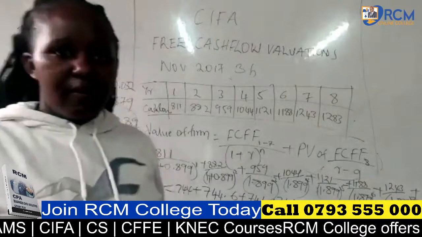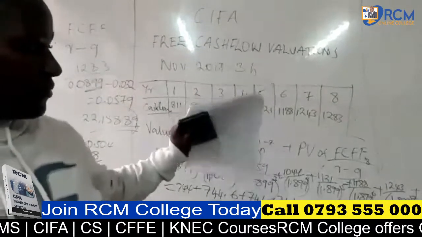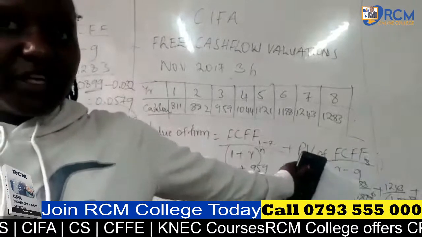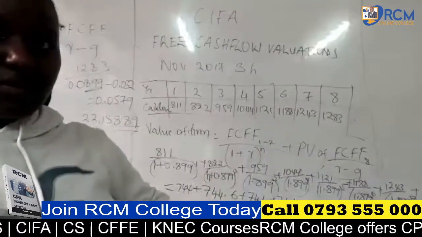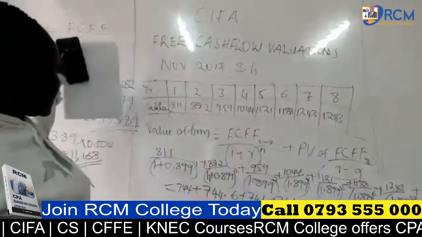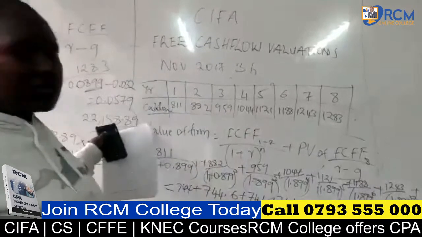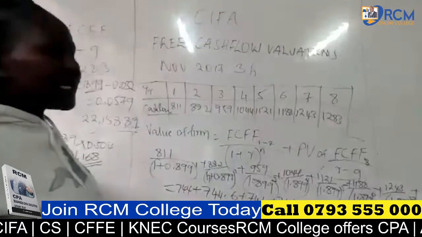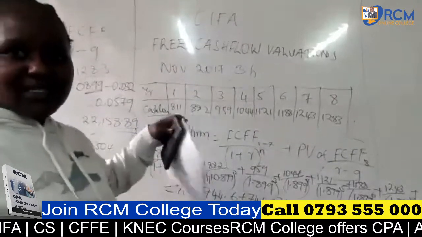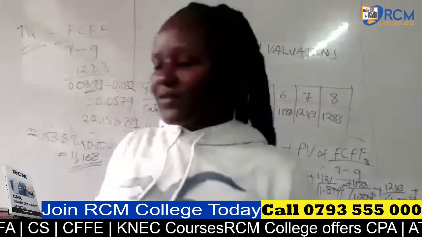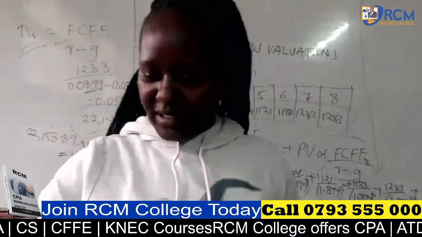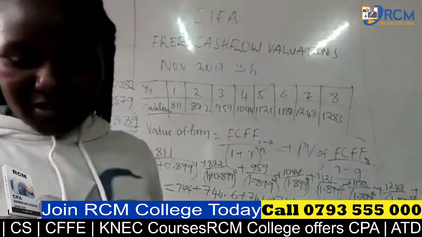So that is 11,168, the present value of the terminal value at year 8 as at now. We got our terminal value at year 8 as 22,158. Then we calculated the terminal value as at today, the present value, which we got as 11,168. Are we together up to that point?